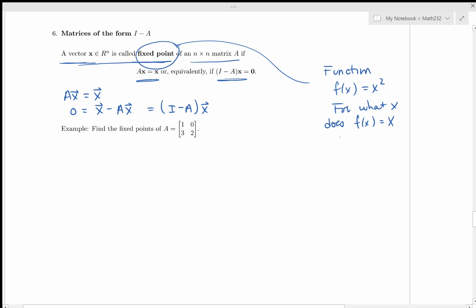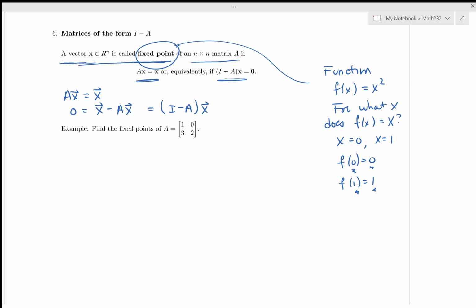That would happen when x equals 0 and x equals 1. For this function, f of 0 is 0, so 0 is unchanged. f of 1 is 1, the 1 is unchanged. So by operating on 1 with this function x squared, nothing happens.